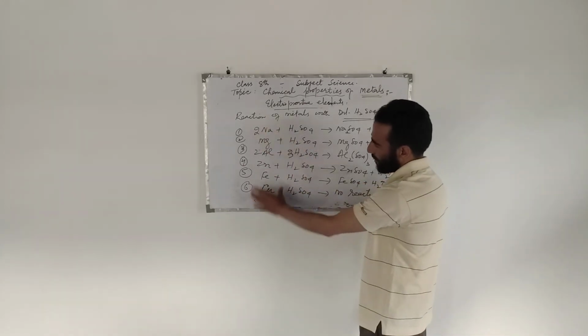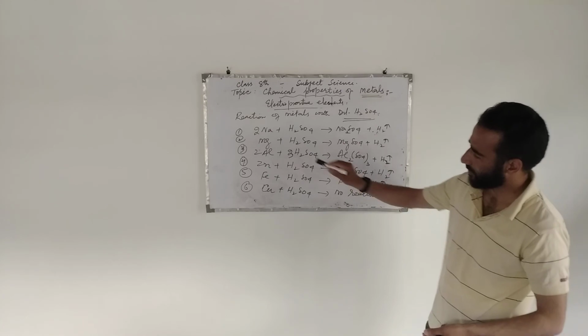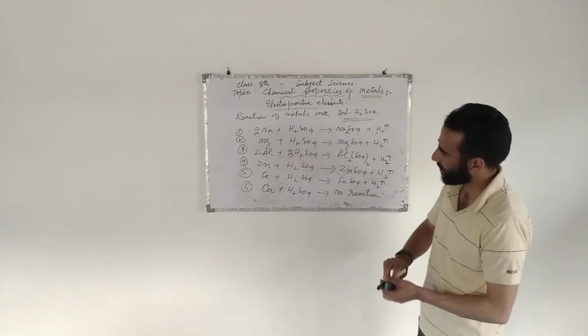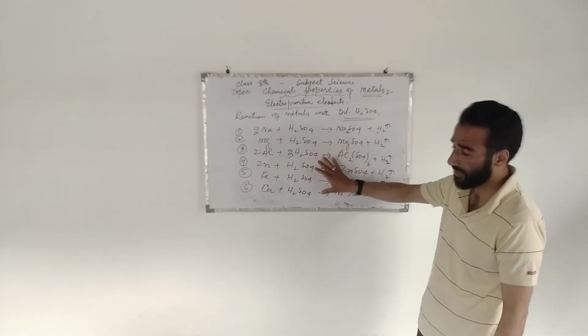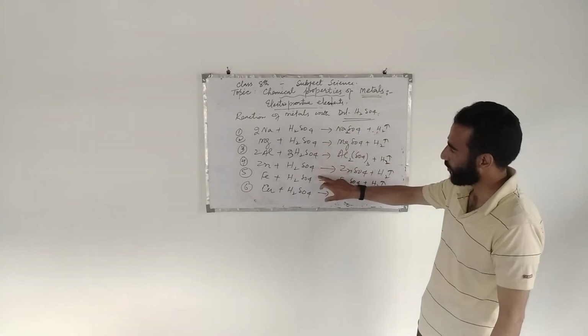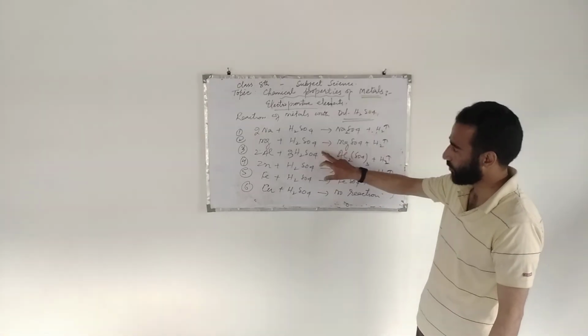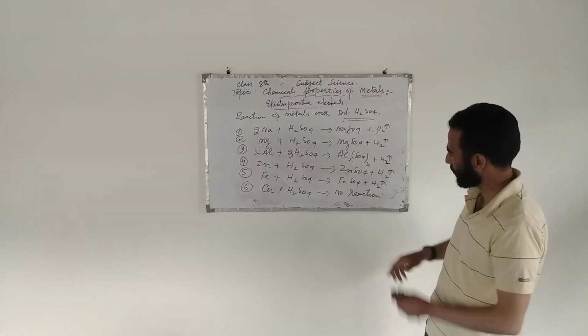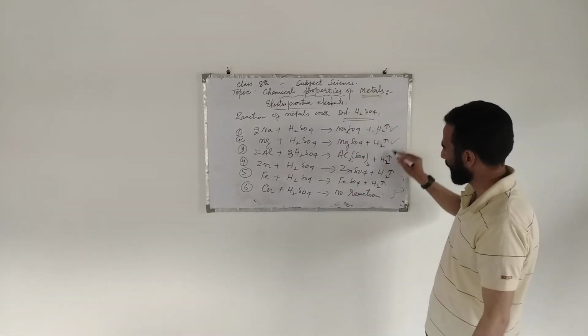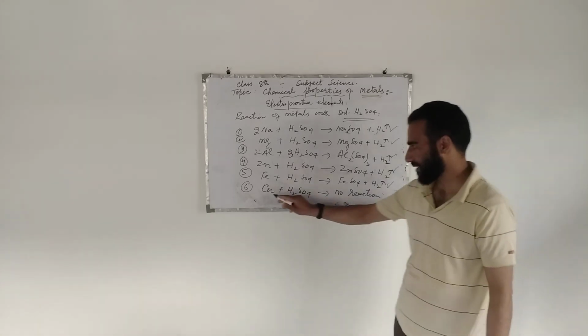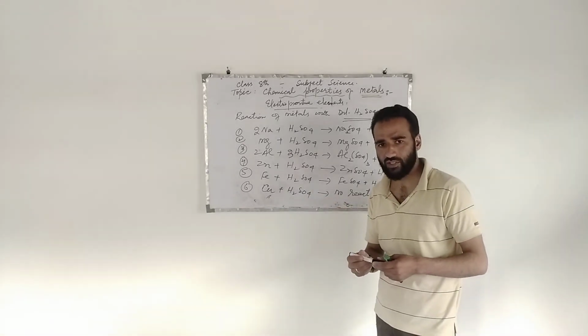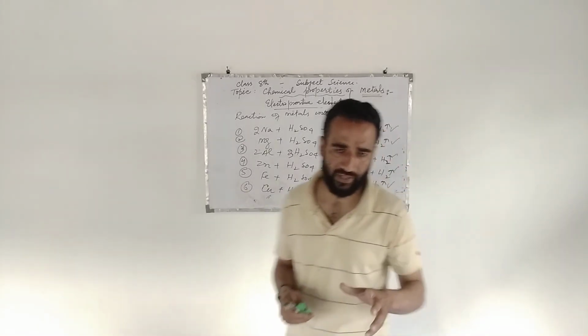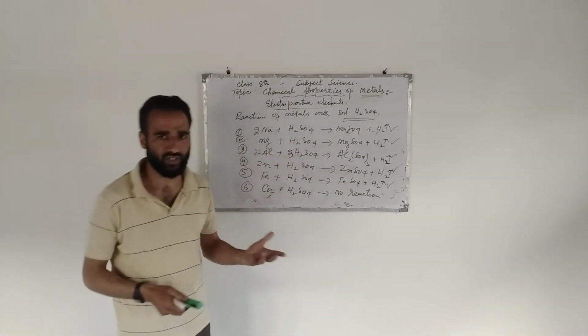In these examples, we have seen that metals combine with dilute acids, here dilute hydrochloric acid and dilute sulfuric acid, and they form the metal salts. In addition, there is a formation of hydrogen gas. But copper is very less reactive in nature. It does not react with any kind of acid, and no reaction takes place.